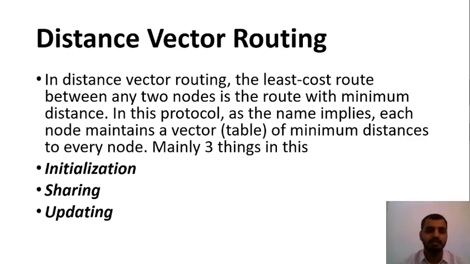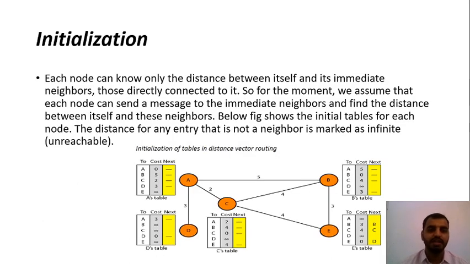Now, these three things, initialization, sharing and updating, we are going to see now. Initialization: let me consider a network of routers interconnected with one another, like A, B, C, D and E. It has its costs: the distance from A to D is 3, from A to B is 5, from A to C is 2, between B and C is 4, between C and E is 4, and between B and E is 3.